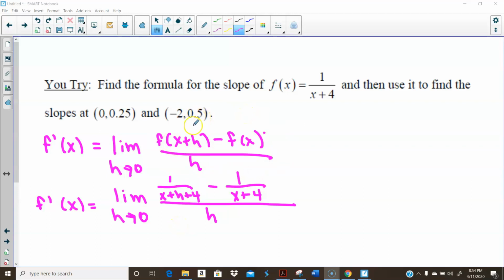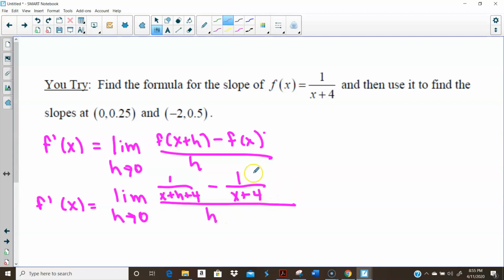So everywhere I saw x, I plugged in x plus h, which gave me 1 over x plus h plus 4, subtract 1 over x plus h, because it's subtract f of x. This is f of x, all over h. We are going to go ahead and get a common denominator in the numerator. I can't directly substitute because 0 would be in the bottom of the fraction.